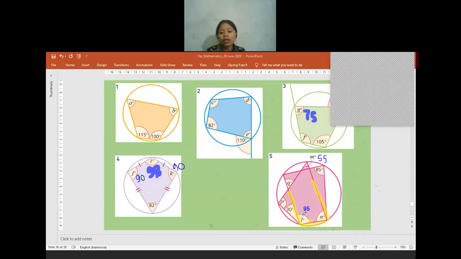So for the angle U, it will be equal to 180 minus 60 minus 10, which is equal to 70 degrees. So the angle R will be equal to 110.